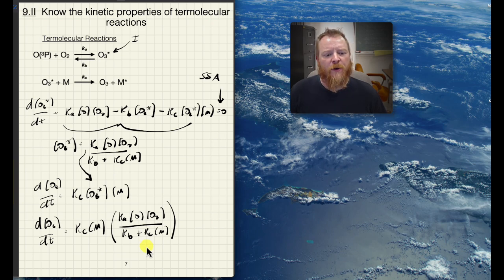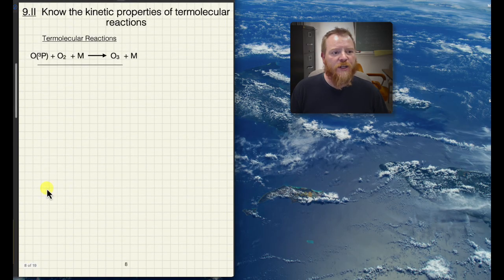Yes, so I'm going to go into the next page, and we can rearrange this by distributing the Kc times M, which gives us the following.